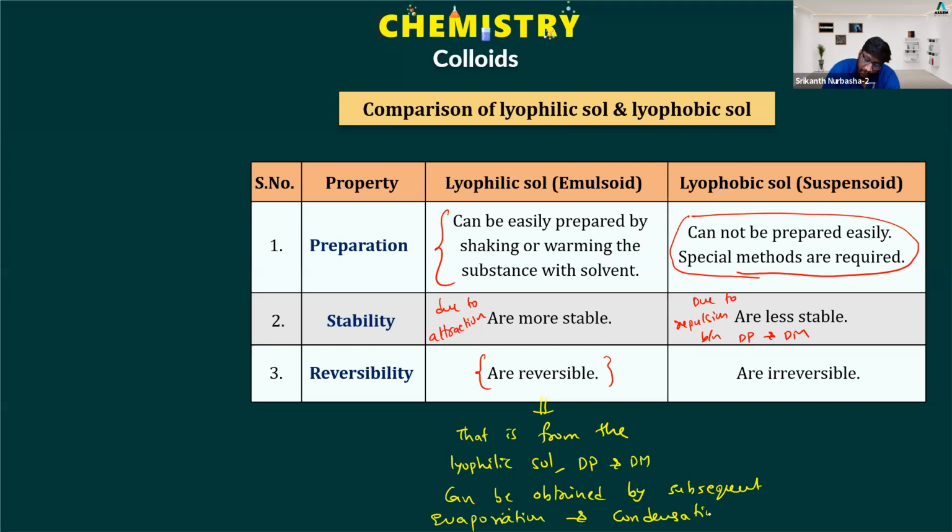If you evaporate the respective lyophilic salt, the dispersed phase particles you evaporate and condense separately, and dispersion medium particles you evaporate and condense separately. Like that, you can produce the dispersed phase and dispersion medium separately. You can separate them from the salt. That is why they are said to be reversible.